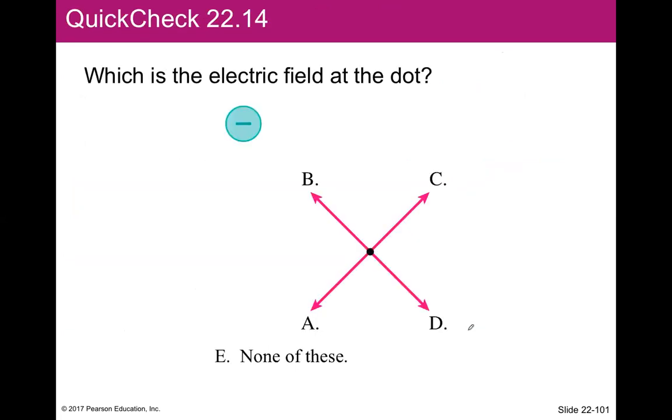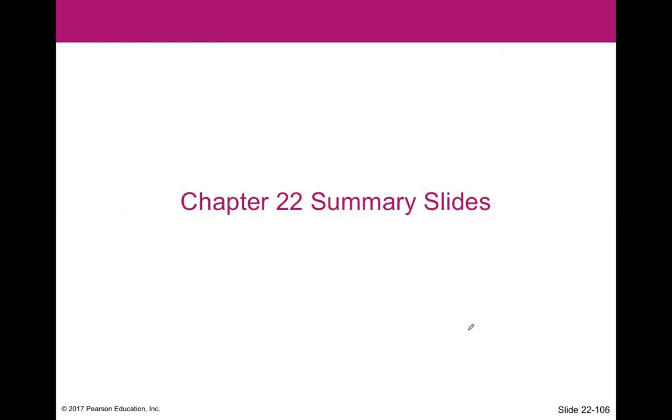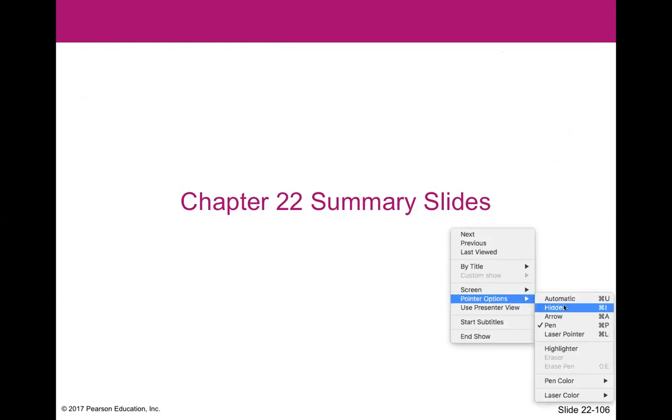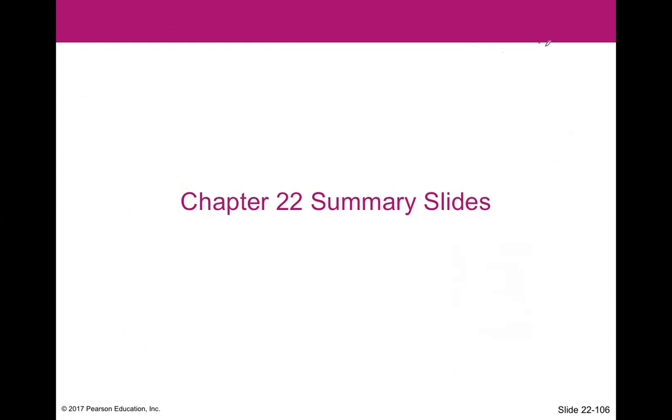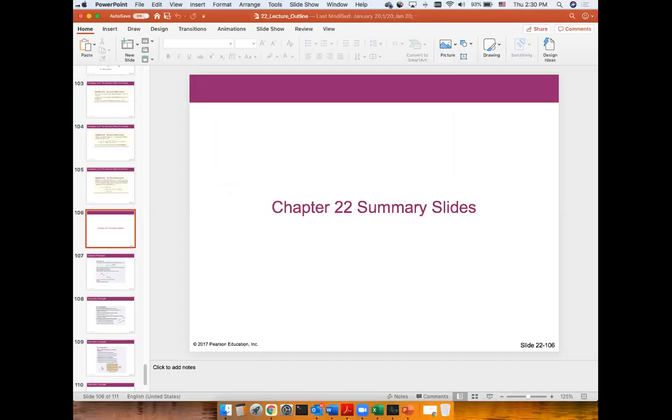So which is the electric field? That's very simple. Okay. That's all for chapter 22. Now let's see chapter 23.